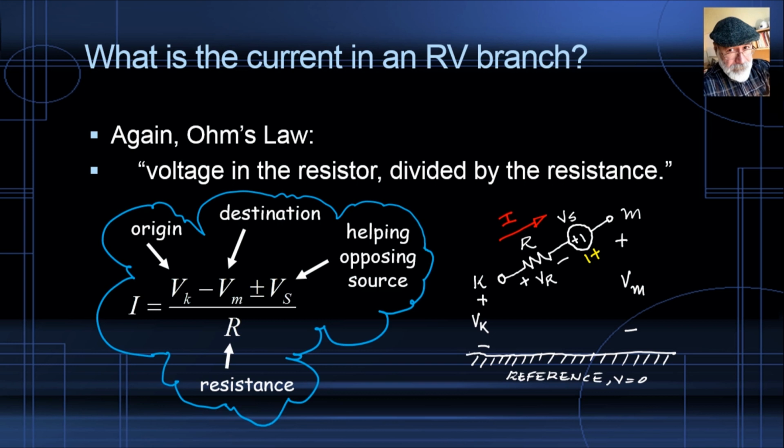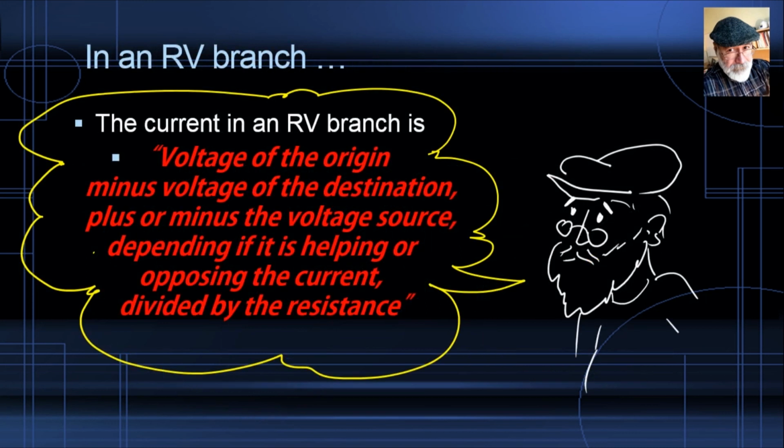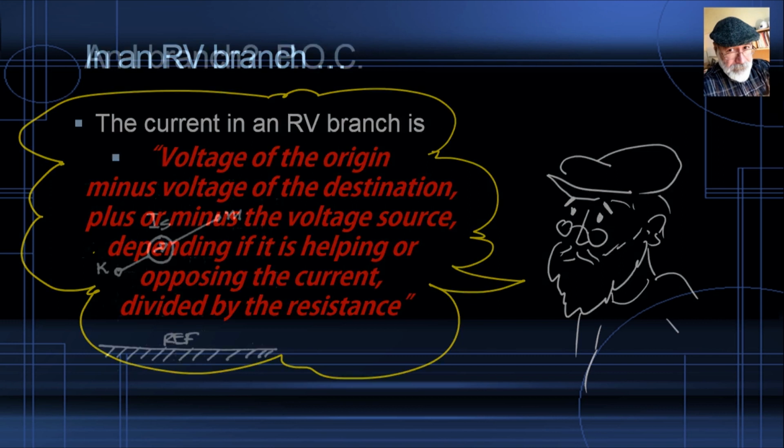That is a formula we will remember for branches like this one. Once again, the current in an RV branch in mnemonic: voltage of the origin of the current minus voltage of the destination of the current, plus or minus the voltage source, depending on whether that source is helping or opposing the current, divided by the resistance.